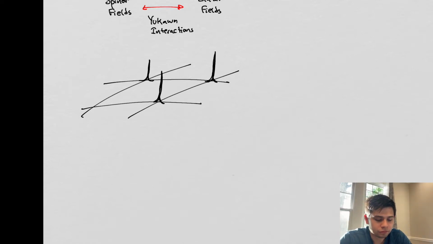So in this field, say this is a scalar field, or say it's a spinor field, and the field can be excited at different locations in space. The question becomes, how do we describe these excitations mathematically? Well, these things look like delta functions, and that's how we're going to describe them.